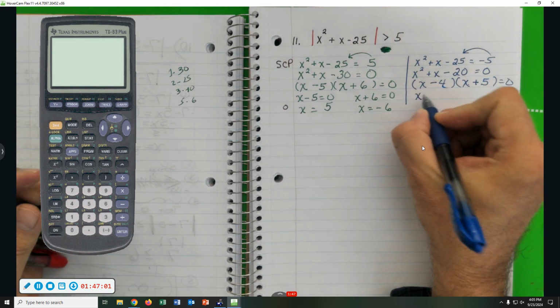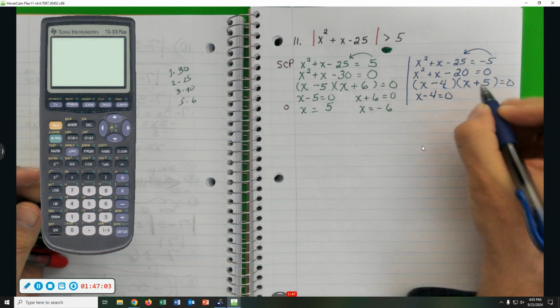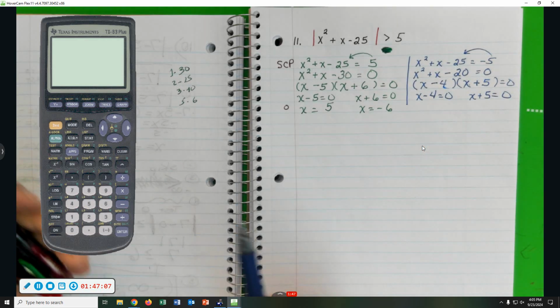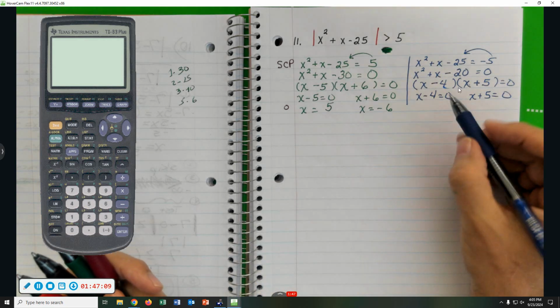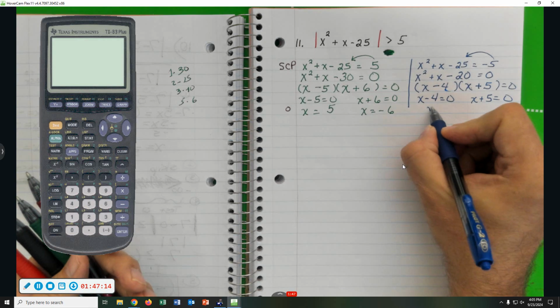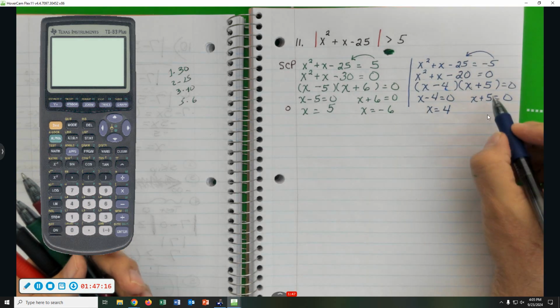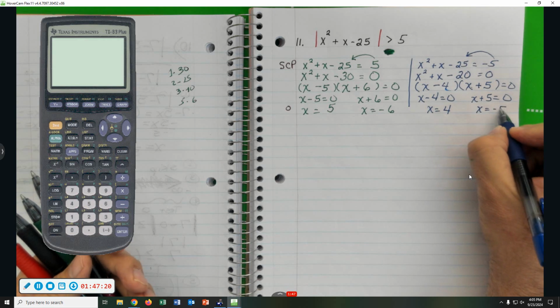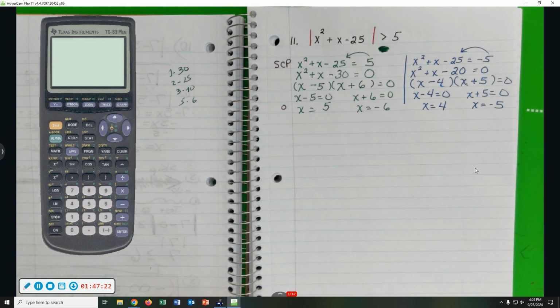Set each one of these to 0, and we're going to get 2 more cut points. Here, x equals 4. Move 4 over, so x equals 4. And here, x equals negative 5. And those are all open circles.